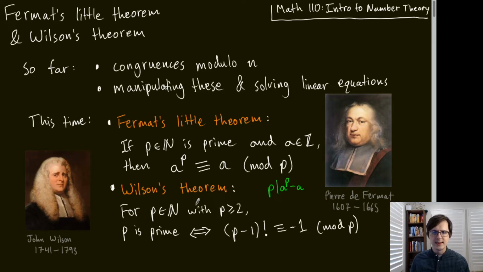And Wilson's theorem, you can use it as a primality test, but it's not a very efficient one. It's that if we have a number p that's greater than or equal to 2, it being prime is equivalent to p minus 1 factorial being congruent to minus 1 mod p.